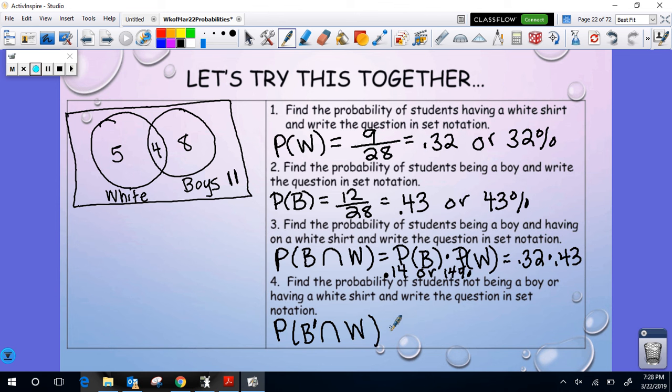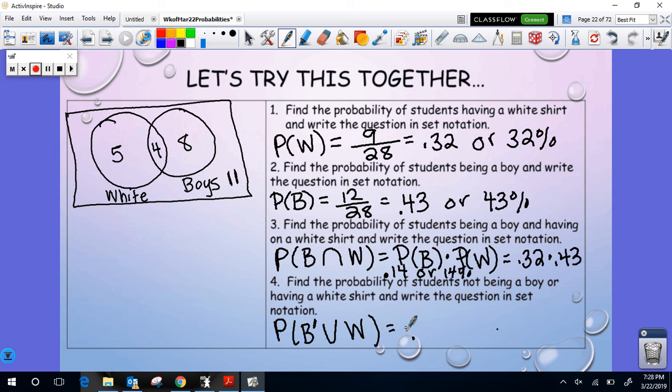Okay, so the math behind this would be the probability of not a boy times the probability of, that said or. Okay, so let me fix that. That says or, not and. So I need to go back and rewrite this. So or means that we need to do the union of all of these.